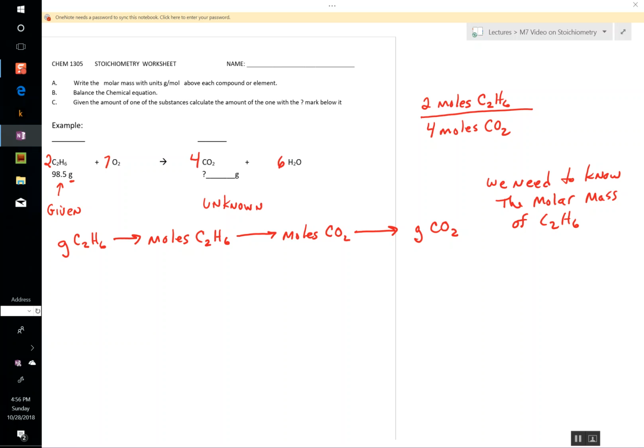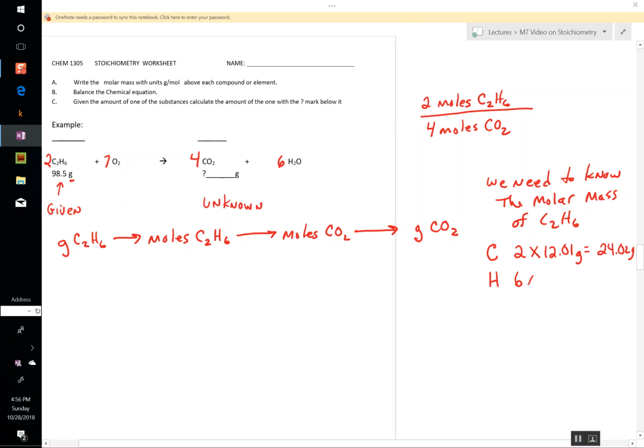So let's take the C2H6. It contains carbon and hydrogen. There are 2 carbons in C2H6, and the periodic table tells us that 1 mole of carbon would weigh 12.01 grams, and so 2 moles of it is going to be 24.02 grams.